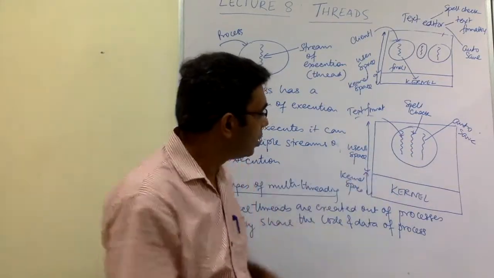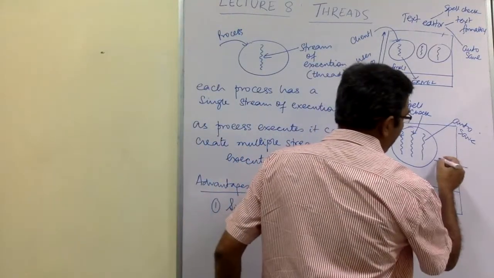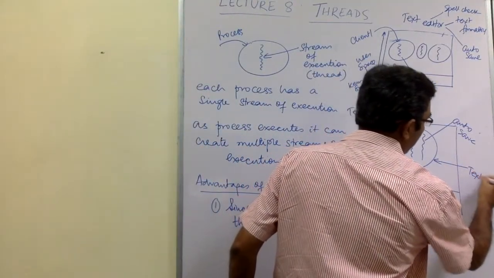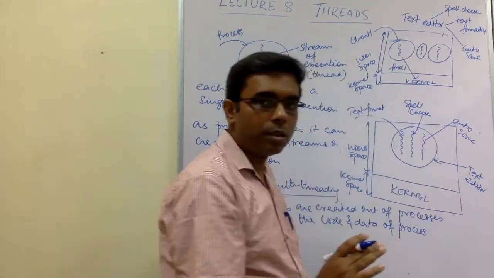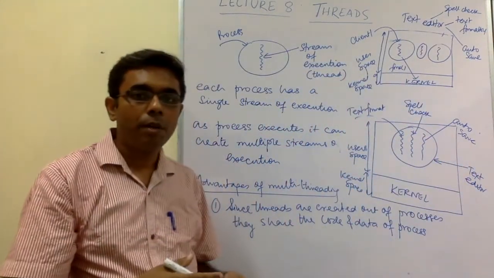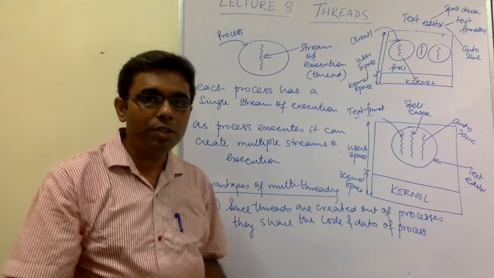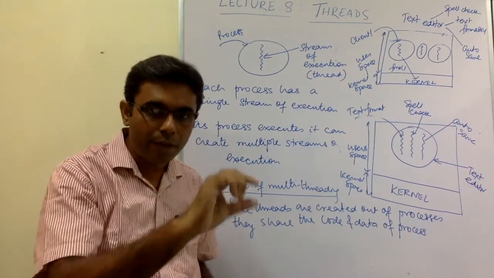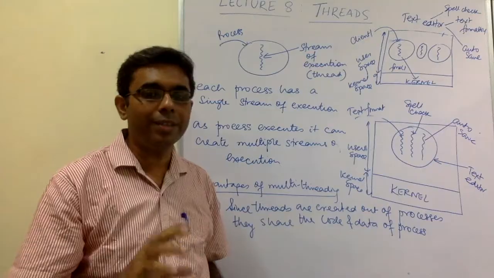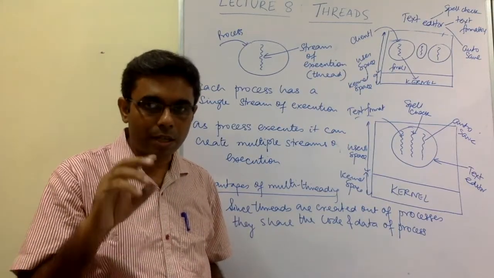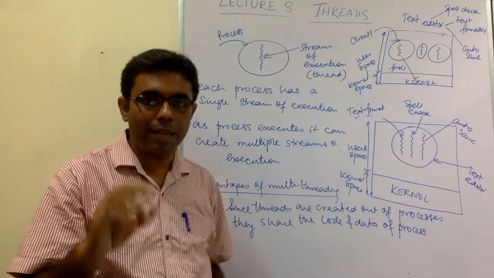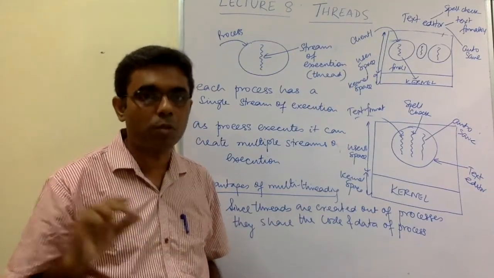The process is still the entire text editor, or the same web server. Just that you split it up. You allow these 3 streams to work on different portions of the code. The code is the same for each one of those streams. The difference is that each particular stream is executing on different portions of the code.